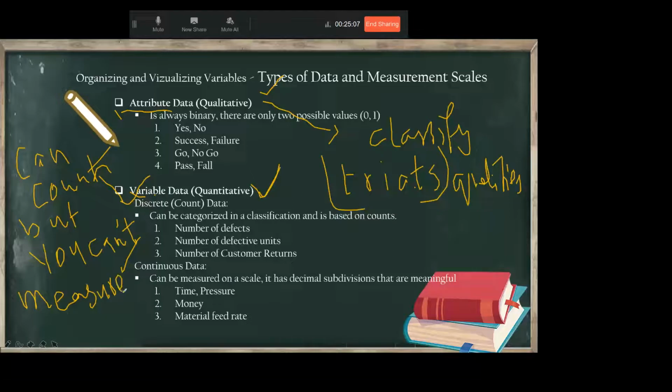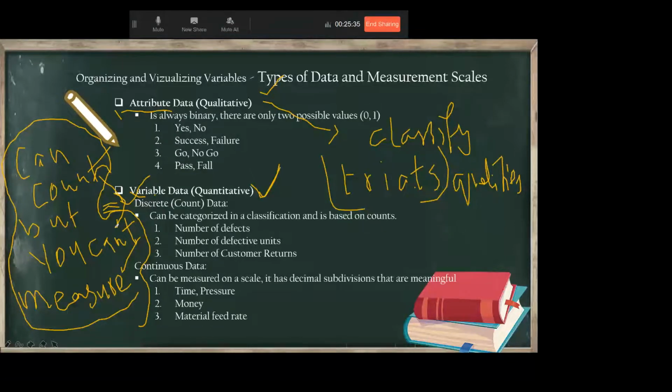That's the difference between measuring and counting. For example, I can count you: there are 1, 2, 3, 4, 5, 25 students in the class. I cannot measure you. I can't say that there are 20.5, or 20 and a half, students in my class.